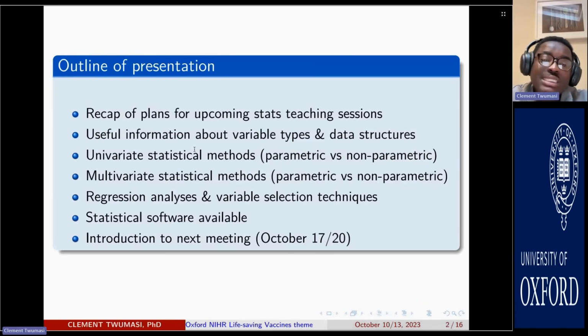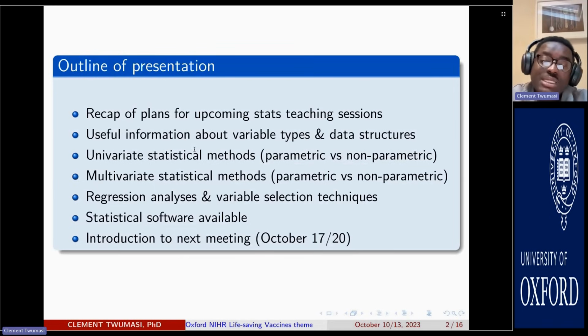At the end of the day, I'm sure everyone will pick something new or useful for their respective studies. We'll touch on univariate and multivariate methods in the context of both parametric and non-parametric cases. Most importantly, we'll talk about regression analysis, since it's often one of the most sought after statistical tests across different disciplines.